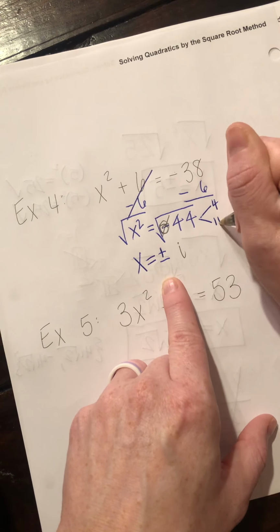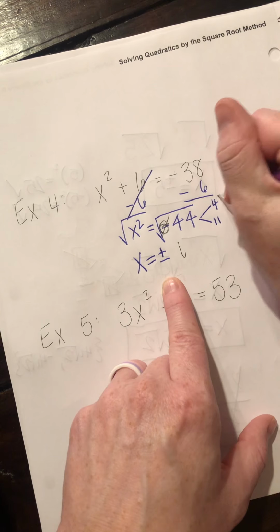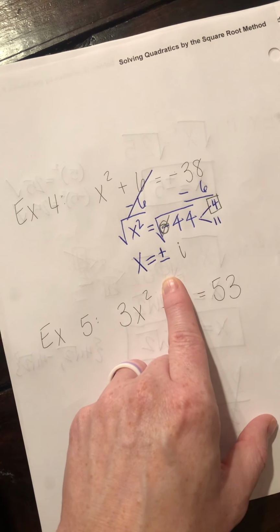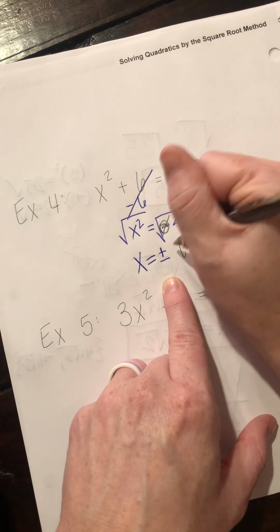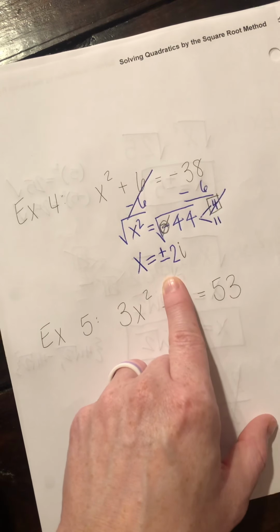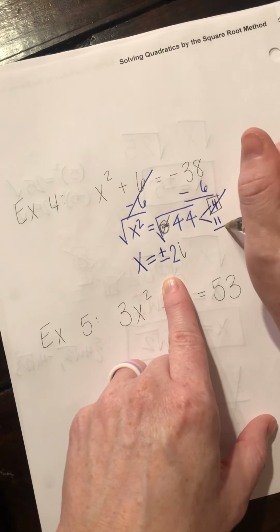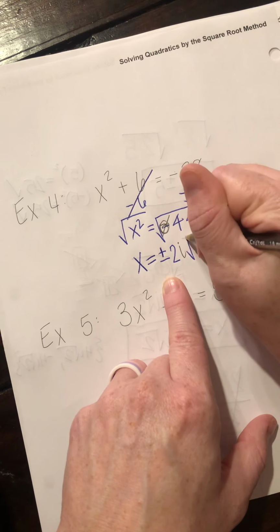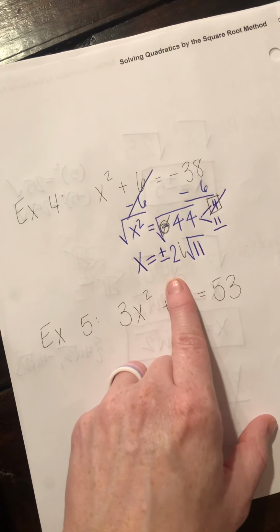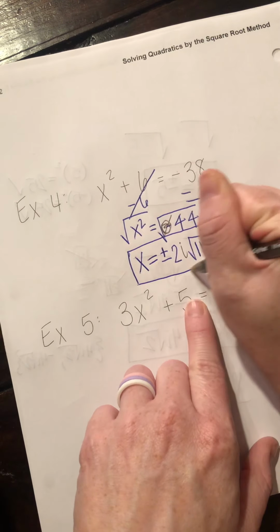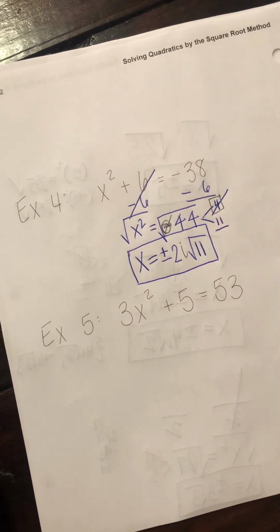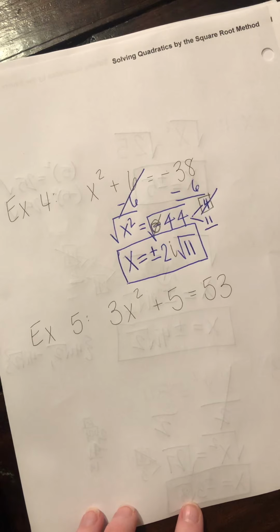I have 4 times 11, and 4 is my perfect square. So I'm going to take the square root of 4, which is 2, and take it on the outside. And this 11, nothing happens to it. It's going to go back under the radical. So my final answer here is x equals plus or minus 2i square root 11. Okay?